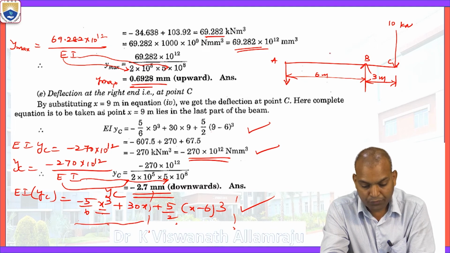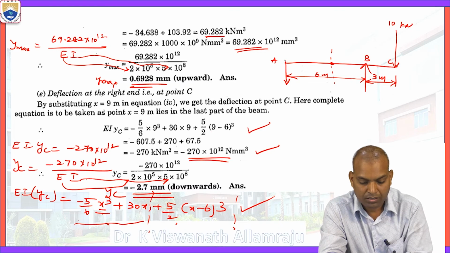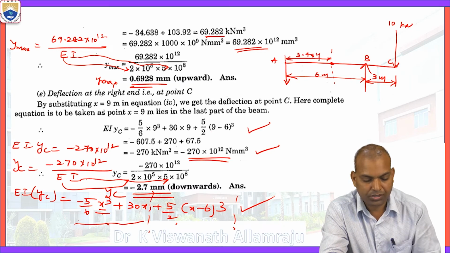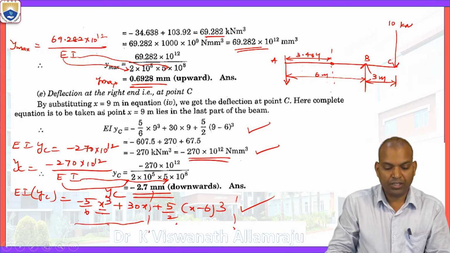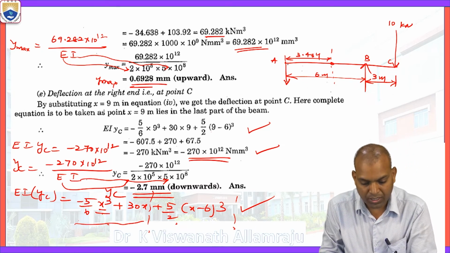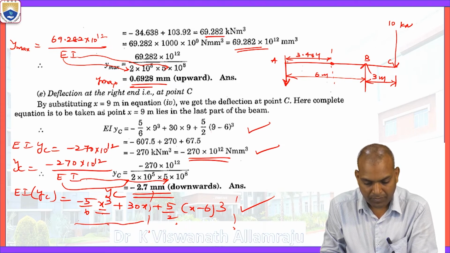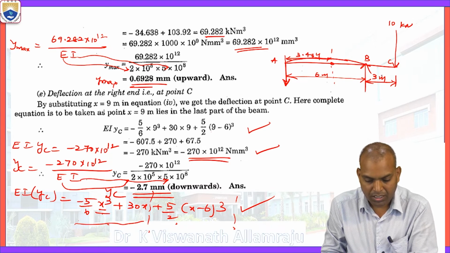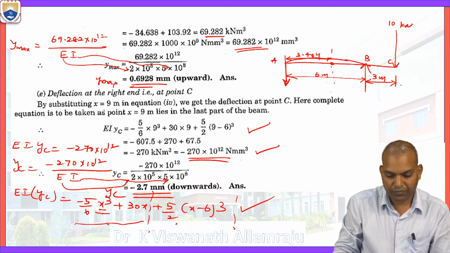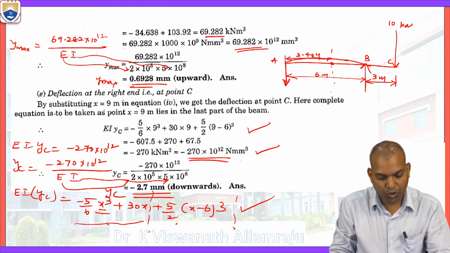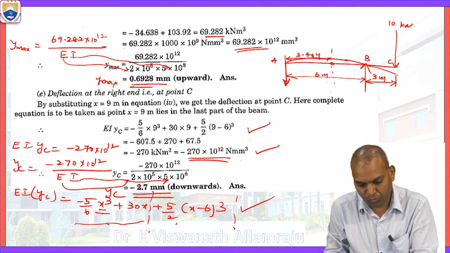At 3.464 meters, at this point, the maximum value is 0.6928 millimeters, and at point C it is negative 2.7 millimeters.